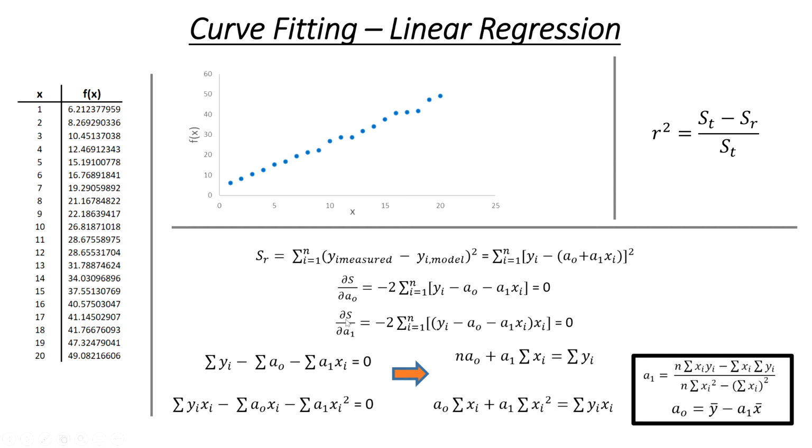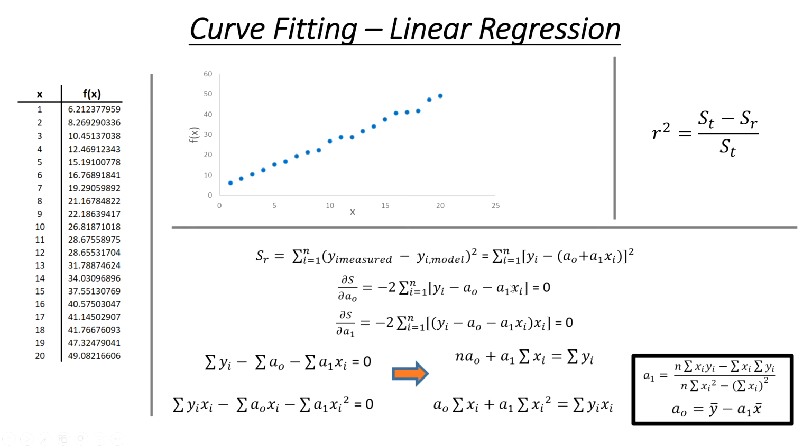We're going to do the same thing for the derivative in terms of a1, and you're going to find that the derivative outside is still the same, 2 multiplied by this sum, but the only difference is when we take the derivative in terms of a1 inside, the xi is the only thing that remains. So we multiply here by xi, and we replace this equal to 0.